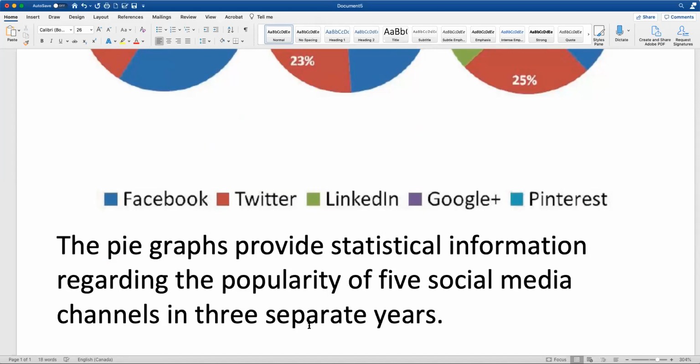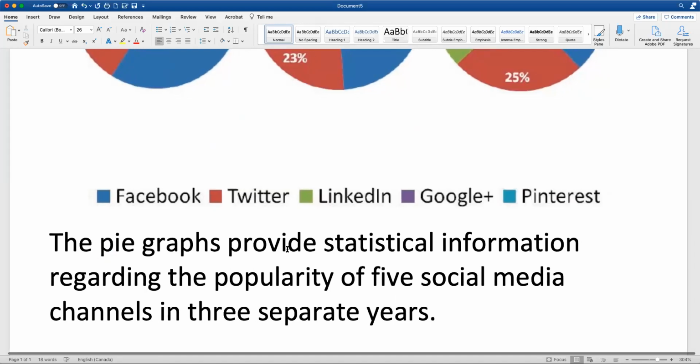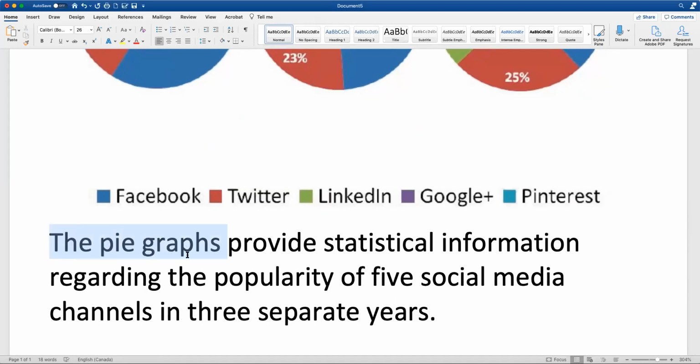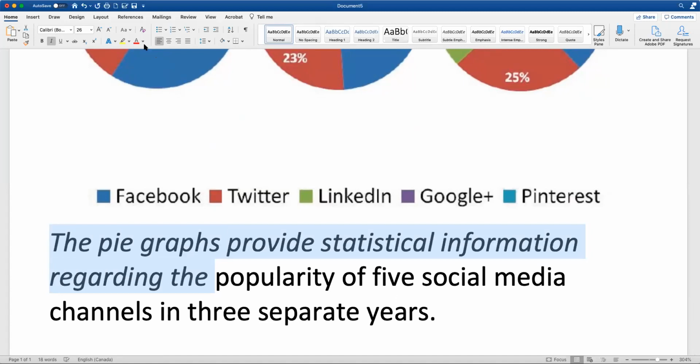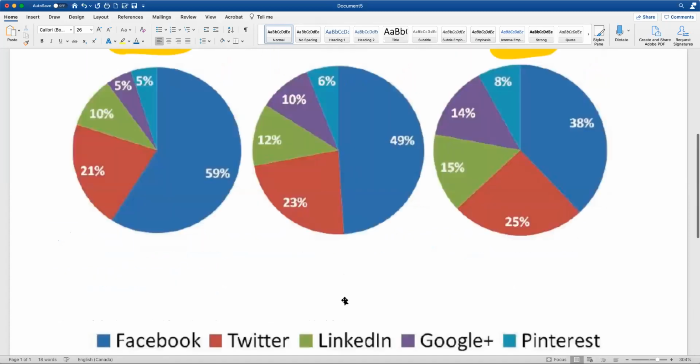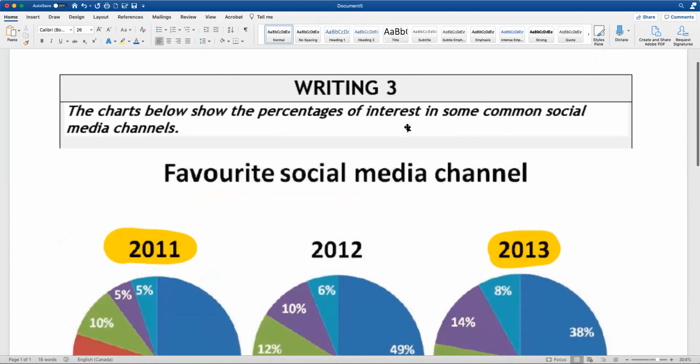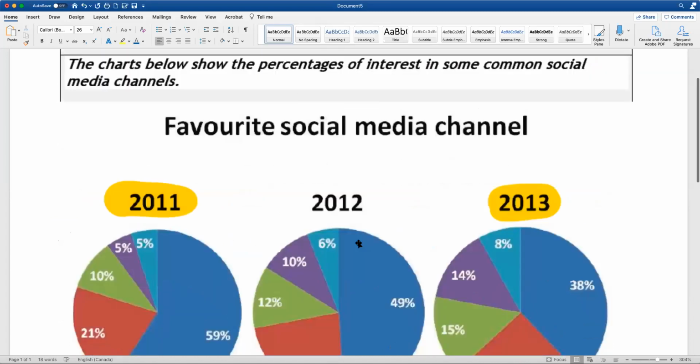Okay. So that's the structure right there. And I just changed the question a little bit. 3 separate years.